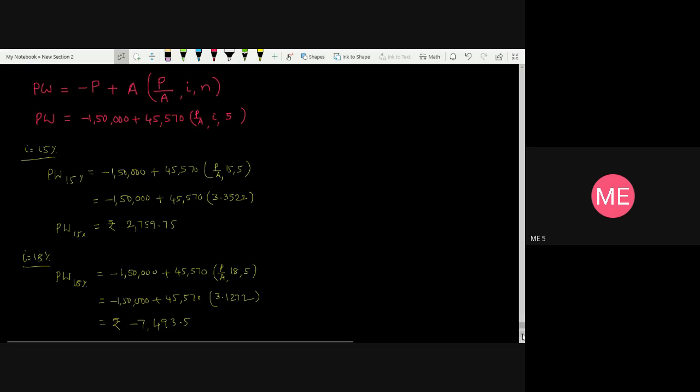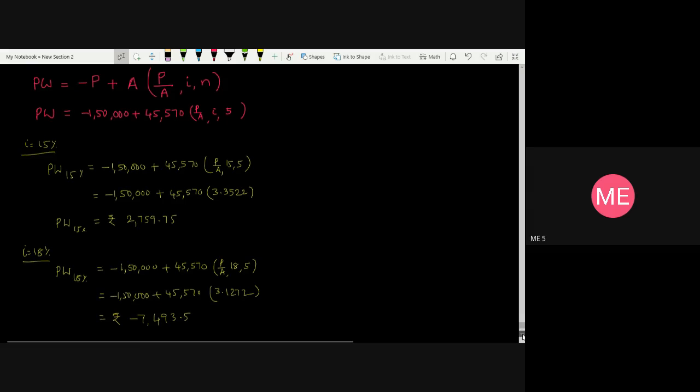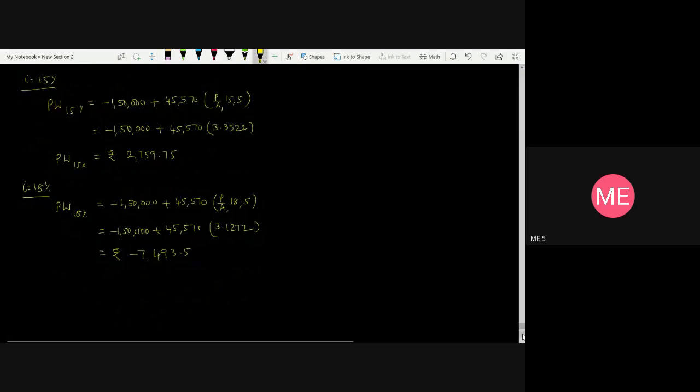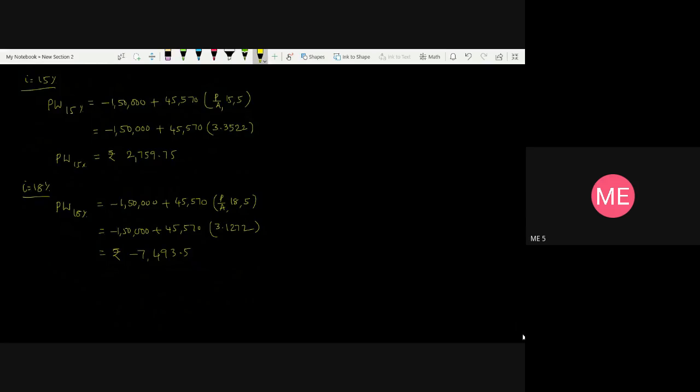Now, because there is a change from positive present worth to negative present worth, in between 15 and 18 we have, at 15%, 2,759.75, and at 18% we got minus 7,493.5.